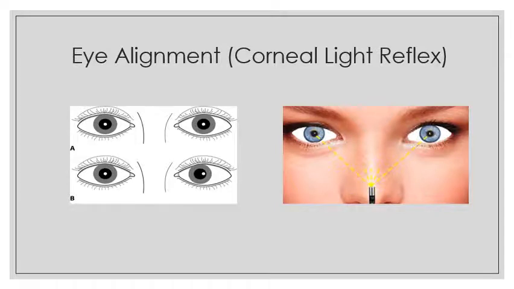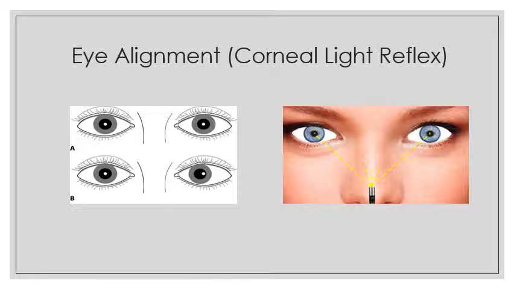Normally, in an orthophoric patient, the light reflex is seen almost in the center of the pupil and symmetric in both eyes. If it is deviated to a side, then this patient has strabismus.